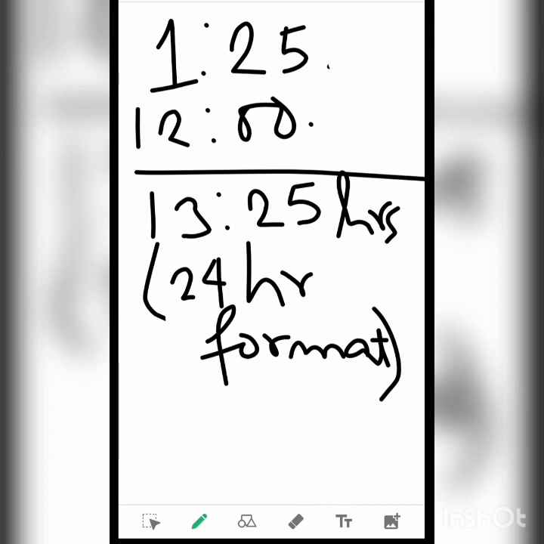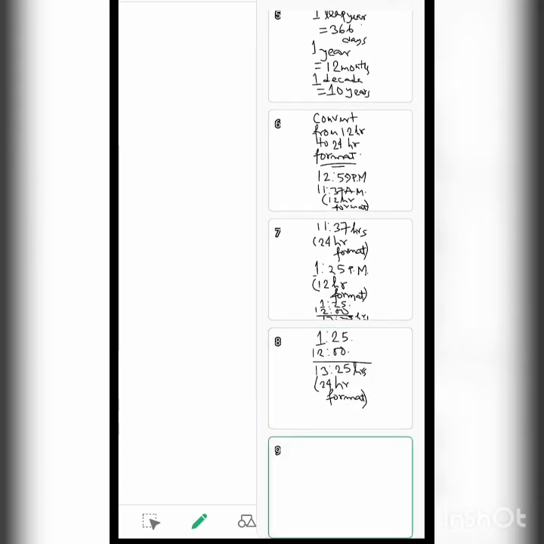Now coming to the reverse, converting from 24-hour format to 12-hour format.